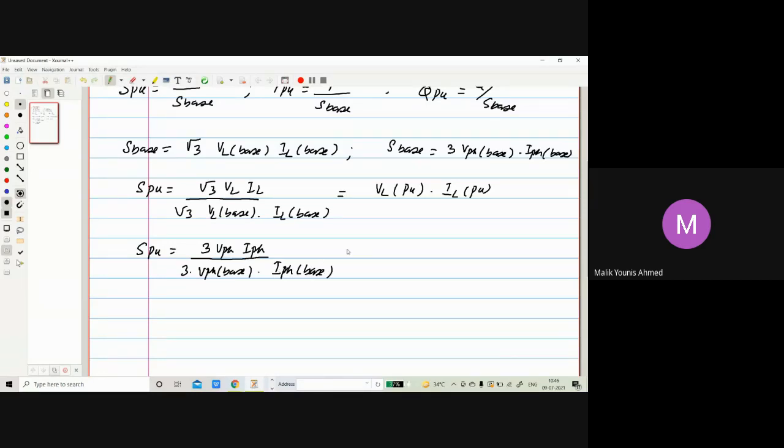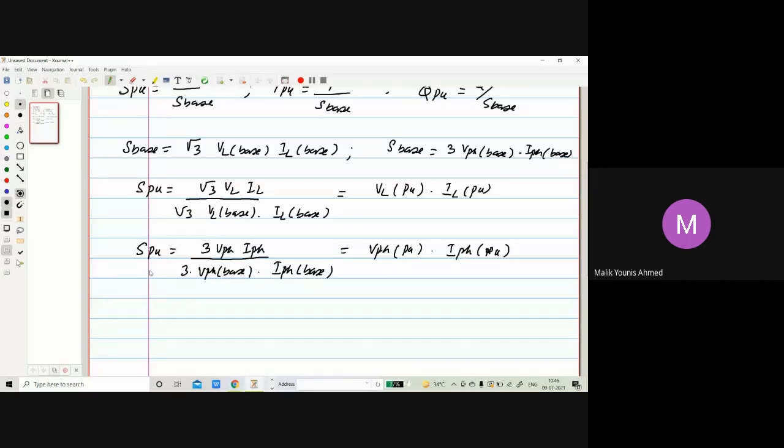In this case, 3 and 3 get cancelled. The actual phase voltage divided by the base value will be V phase per unit, multiplied by the per unit value of the phase current. So both we can get in per units.